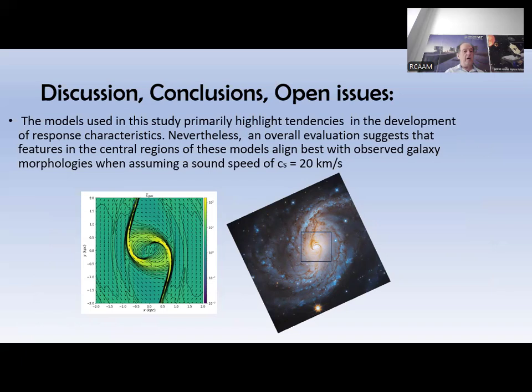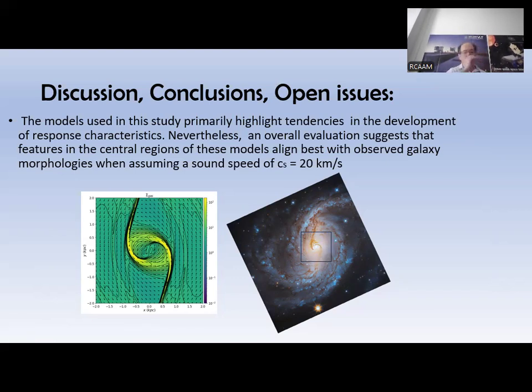But we see that if we look at the responses we find in these simple models that we are studying and at the images of the galaxies, we find corresponding features between these two, I mean the 20 kilometers per second case and the images of the galaxies. For instance, in this case, you see we have all the dust lanes coming all the way bending inwards and staying there. Here too they are coming all the way bending inwards and they stay there.